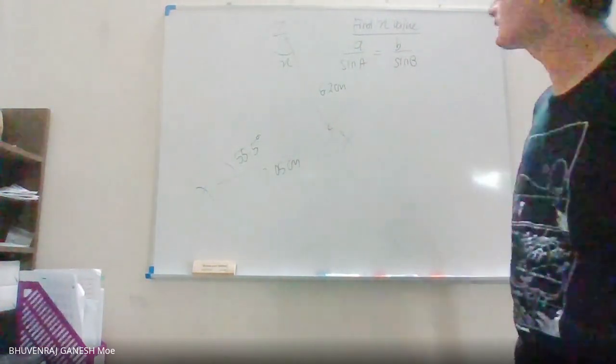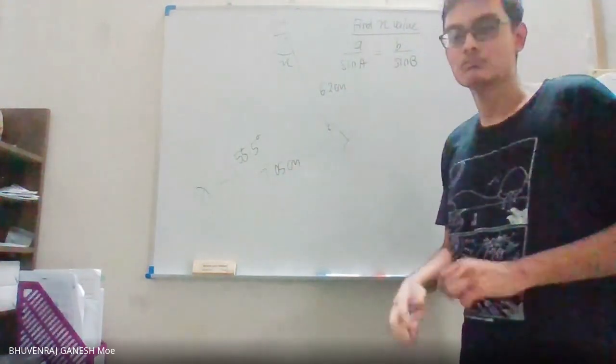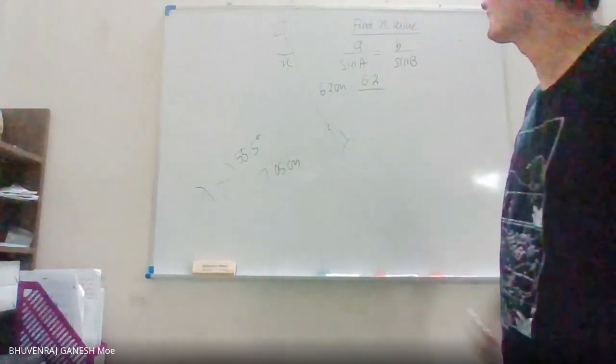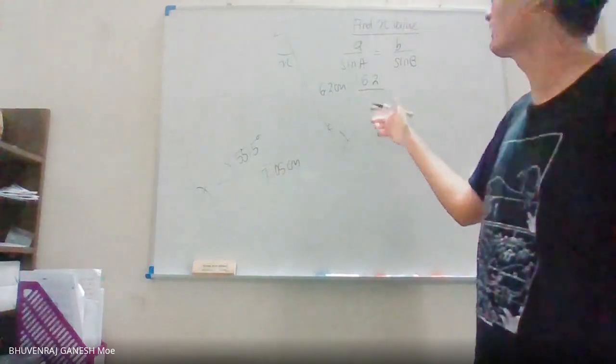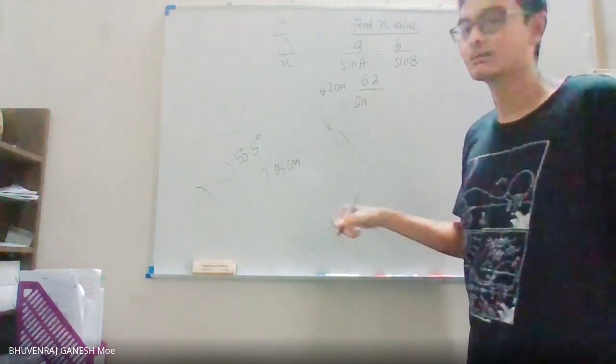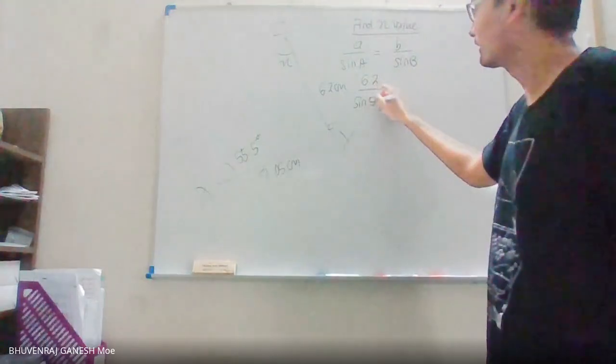So what will you substitute for your A value? The top one, 6.2 cm. Okay. So what will be the angle, sine A? What's the angle in the diagram? Is it 55.5? Yeah, correct. Very good.